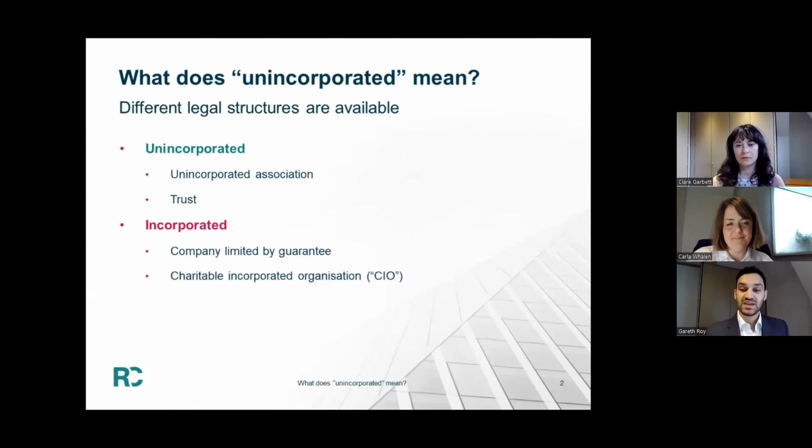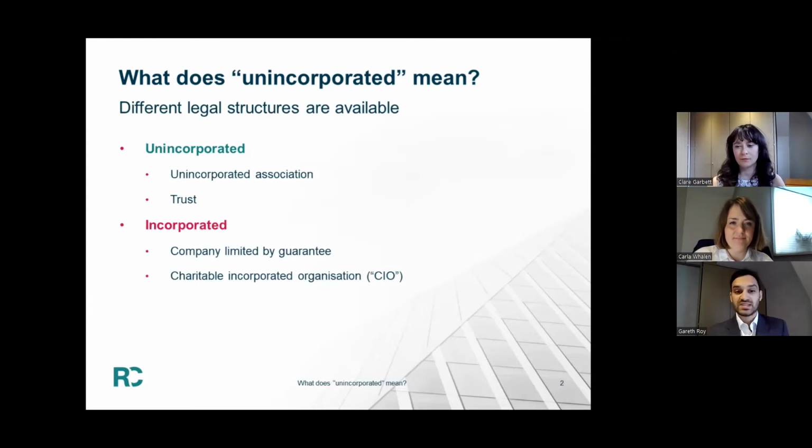By contrast, if you have an incorporated legal form, such as a company or a CIO, it does have separate legal personality from the trustees. It can enter into legal relationships in its own name and hold its own assets. And if someone wants to sue the charity, they can sue the charity as an entity itself. And generally speaking, the individuals running the charity are protected.